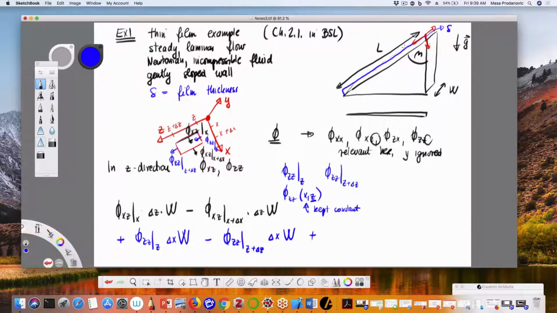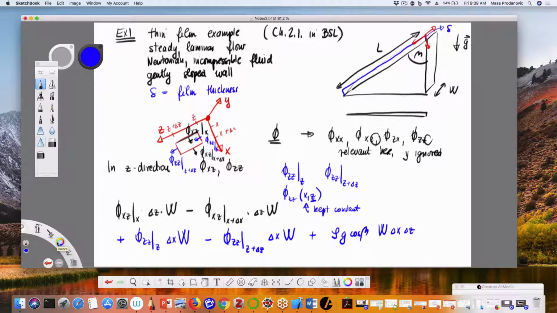So it's going to be plus rho g cosine beta, which projects on the z direction, and times the volume, which is delta x delta z times w. So this is my body force.